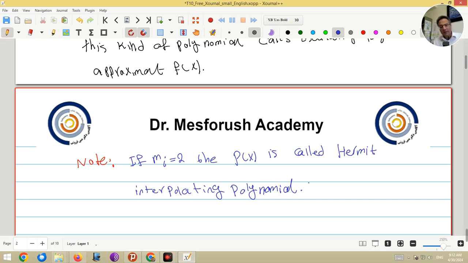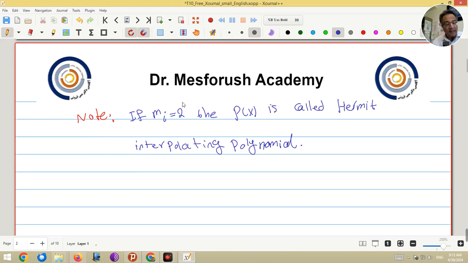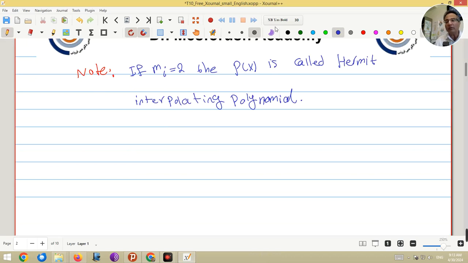Okay, but first we want to consider the general case, and then we say some theorem about computing the Hermite polynomial. Let me give you some idea about the Hermite interpolating polynomial.